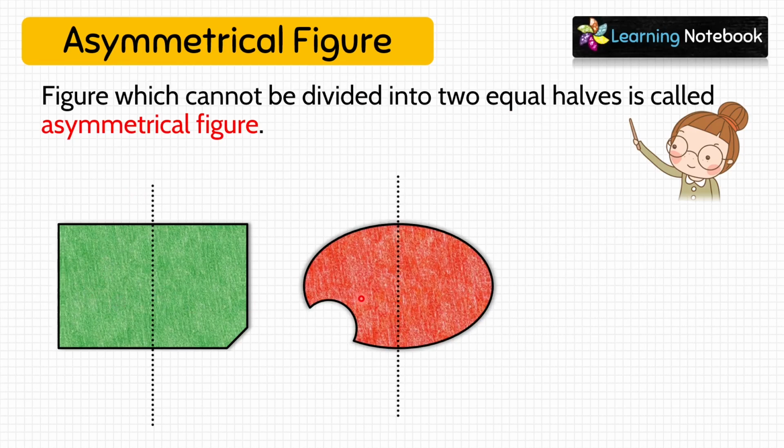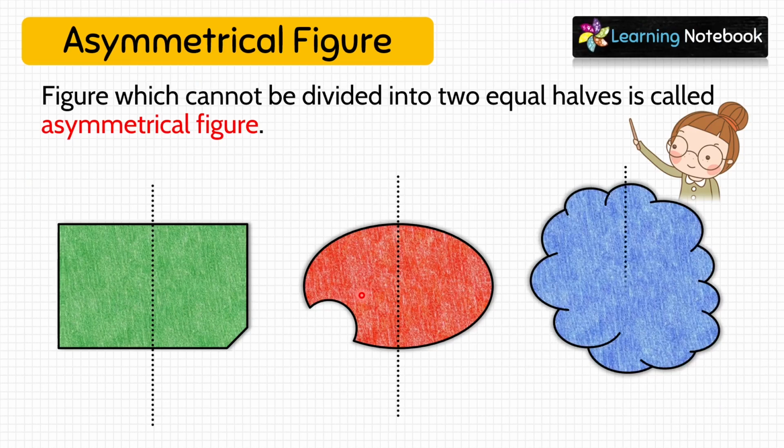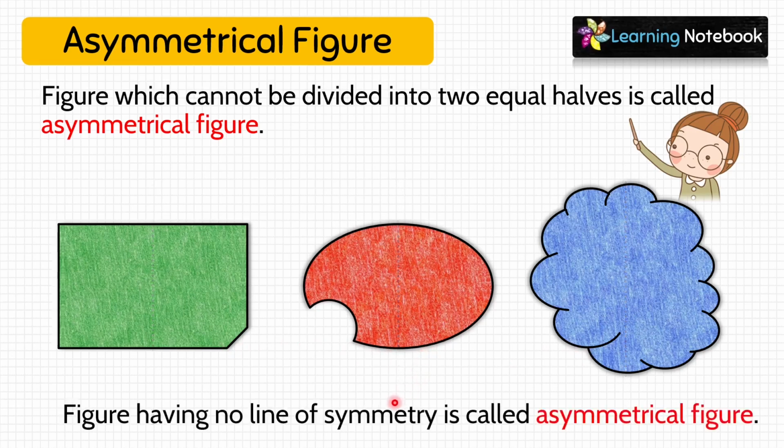It also cannot be divided into two equal halves. And same for this figure. So all these three figures are asymmetrical figures. Here students, we have no line of symmetry as well. So we can also say that figure having no line of symmetry is called asymmetrical figure.